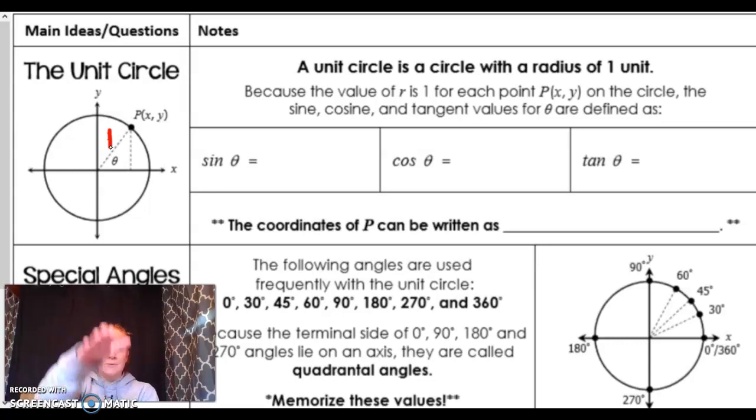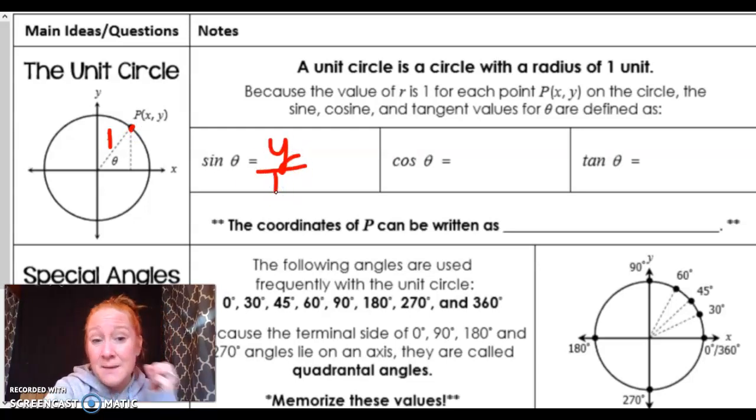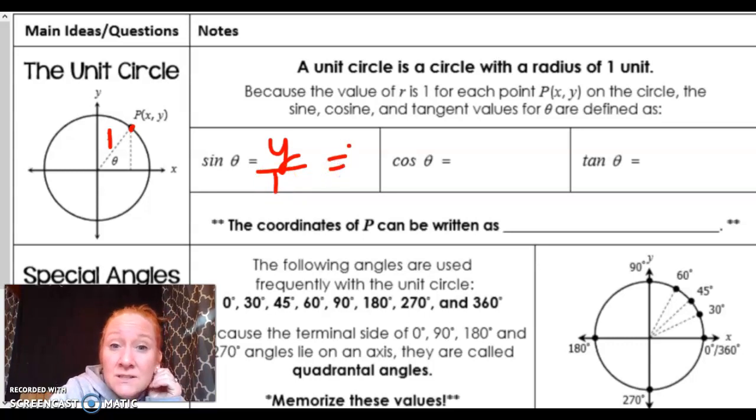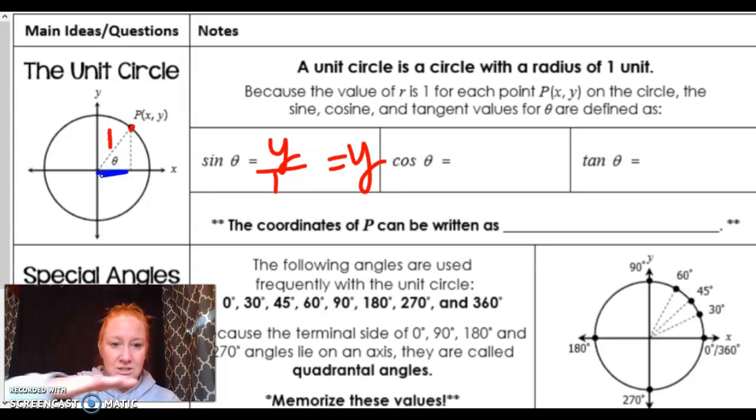as, well, let's see, sine is always opposite over hypotenuse. So the sine is going to be, see this point right here, that point (x, y), the sine is just going to be y over 1 because the hypotenuse is 1. So the sine is going to be whatever the y value of the point is. If that's true, then the cosine is always going to be the adjacent over the hypotenuse.